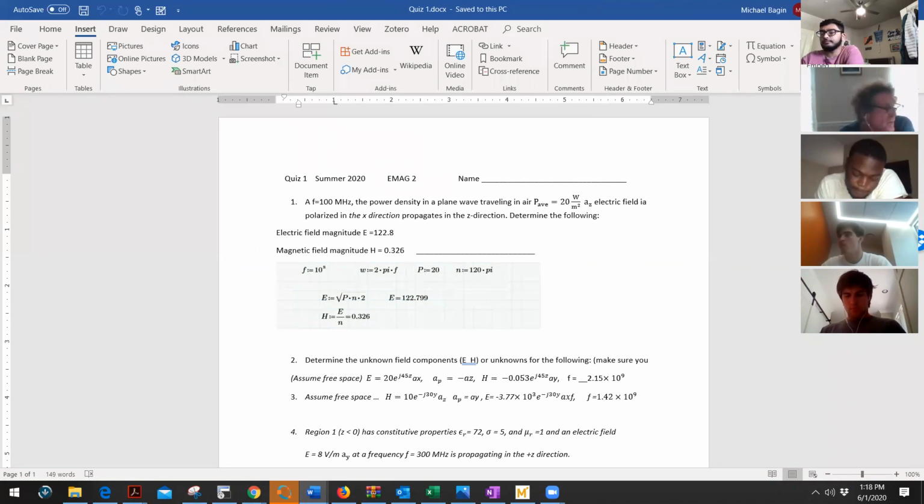All right, I'm just going to go through this. The first problem was at 100 megahertz and the power was 20 watts per meter squared.